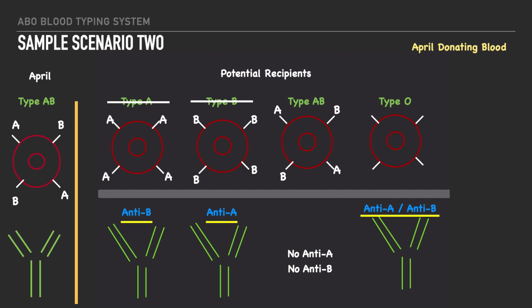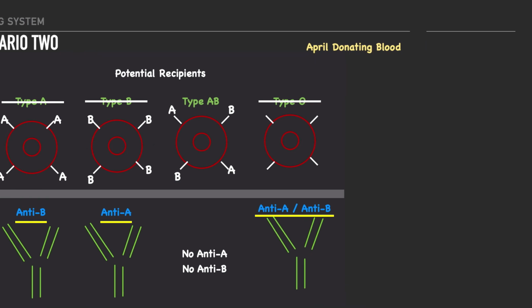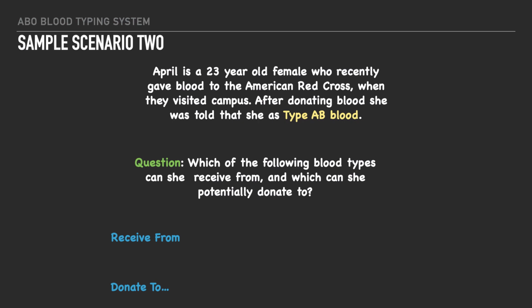And so because of this, the individual with type O blood could not receive blood from April. So we can also strike through this option. So our answer here is that April could receive from each of the blood types, A, B, AB, and O. And in terms of who she can donate to, we've uncovered that she can only donate to type AB blood.